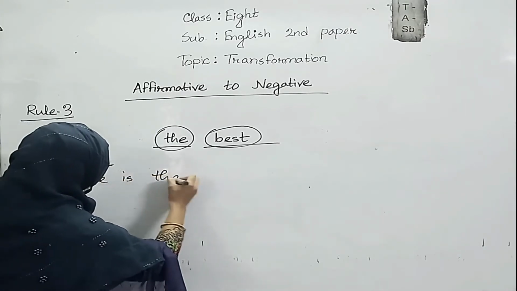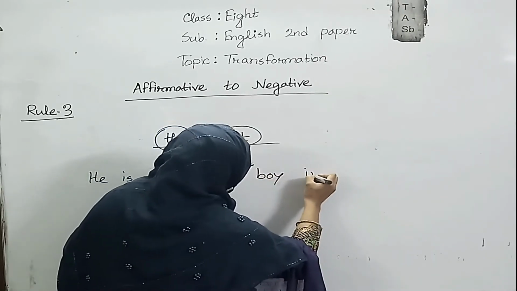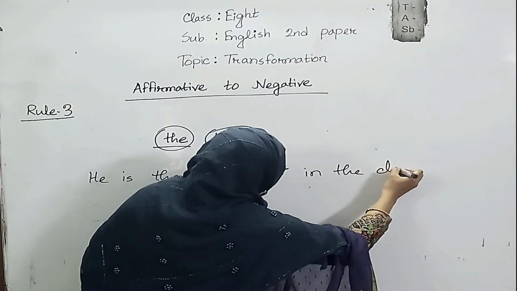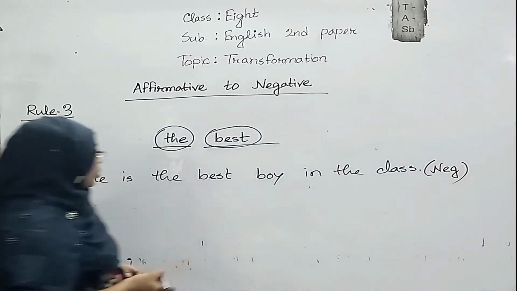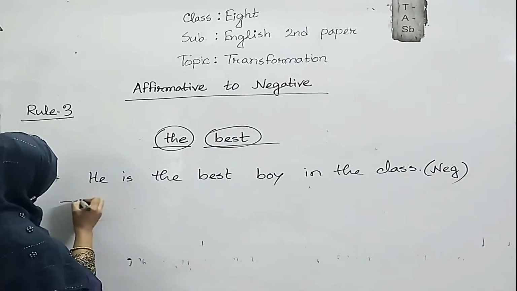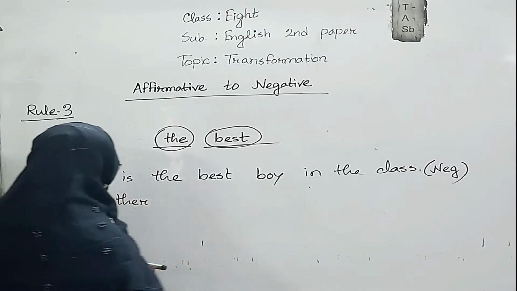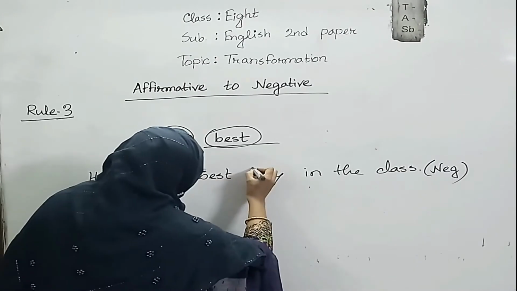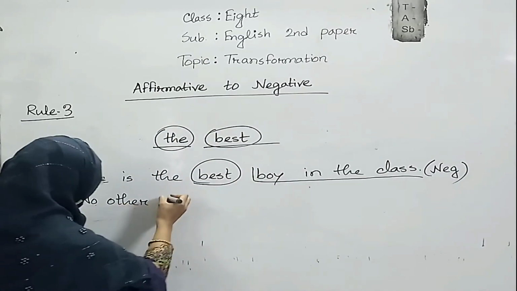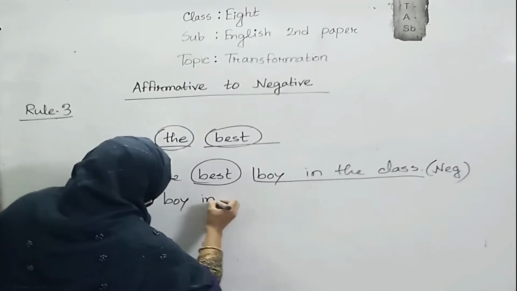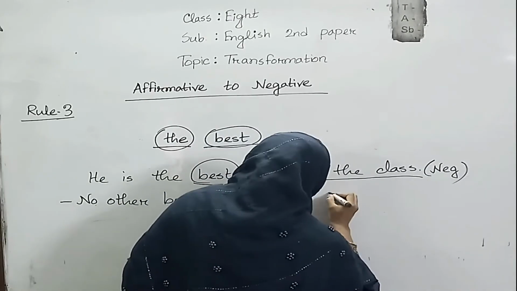He is the best boy in the class. We have to make it negative. For it, according to the rule, we have to write "no other" than the rest part of the superlative degree: no other boy in the class. Then the verb "is".